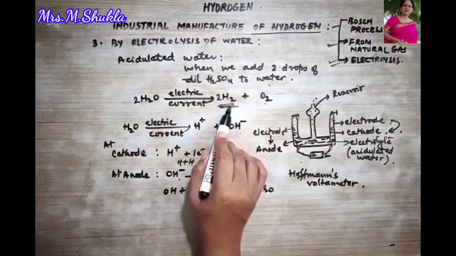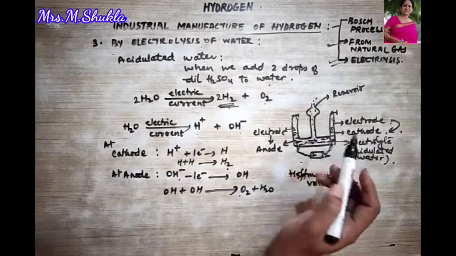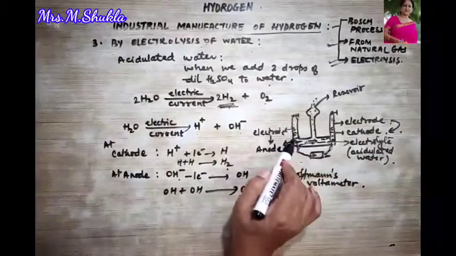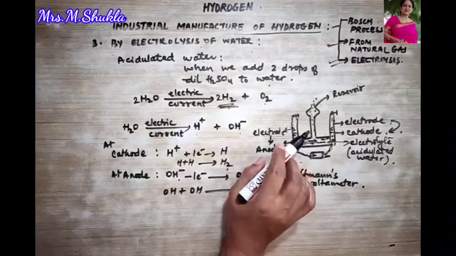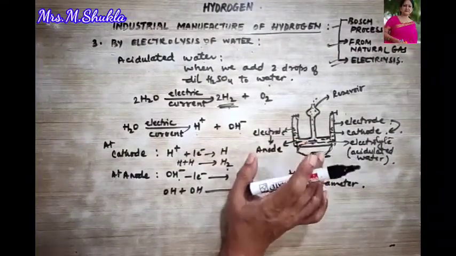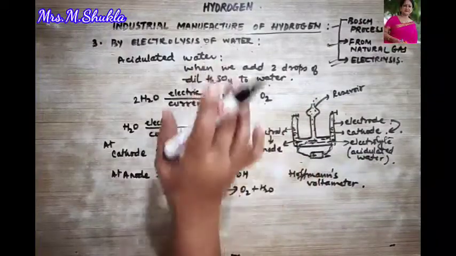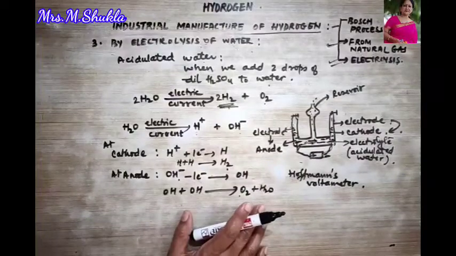To obtain hydrogen. 2 volumes of hydrogen we have obtained, but at the same time we are also obtaining a very important gas, that is oxygen, and therefore this hydrogen is commercially used for the preparation of water. Is this point very clear to you?